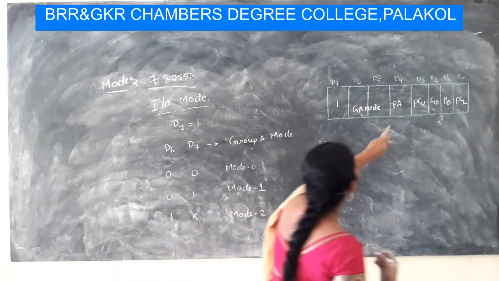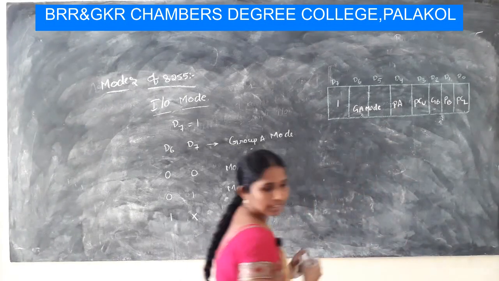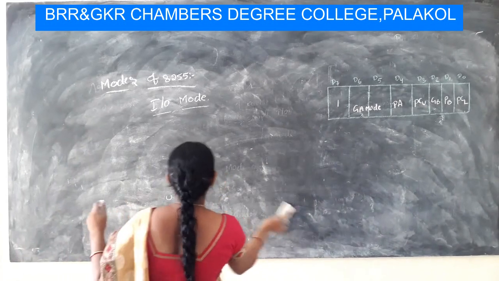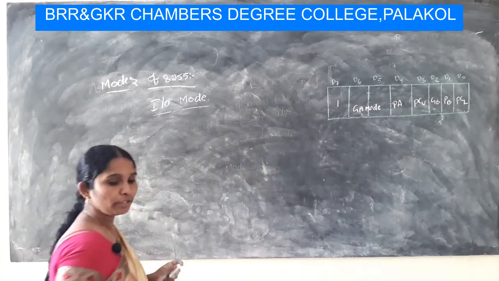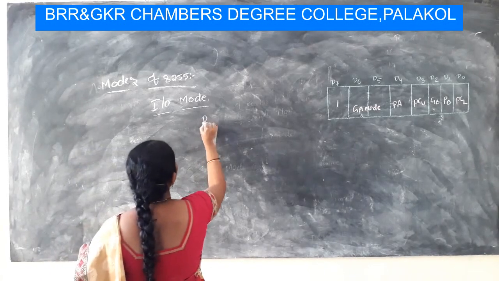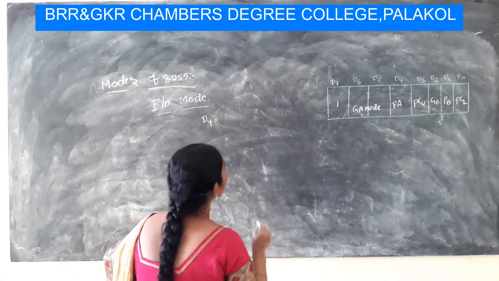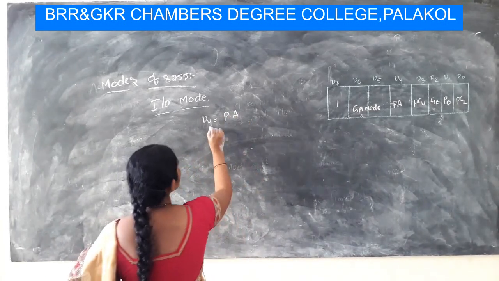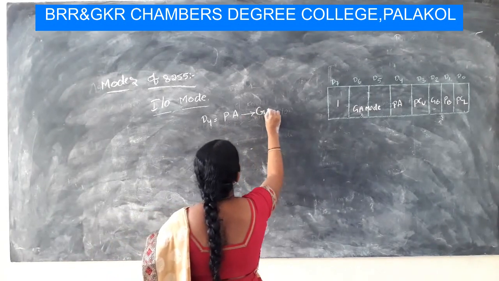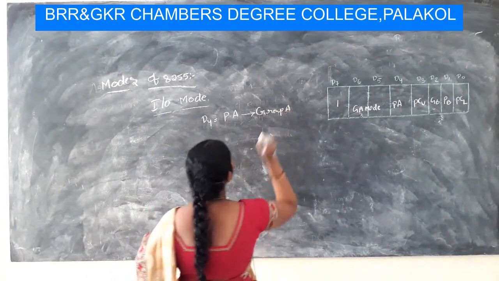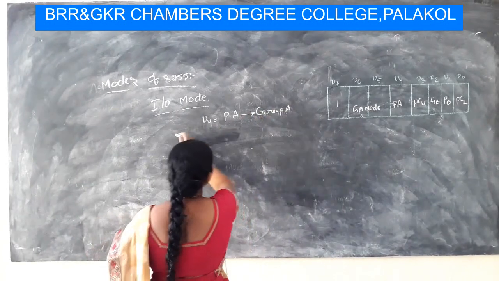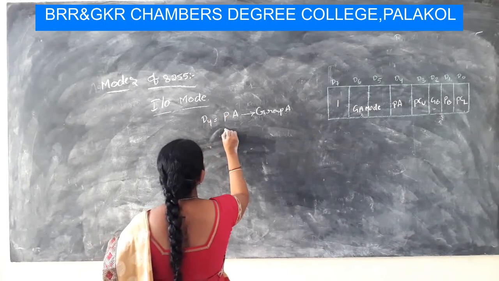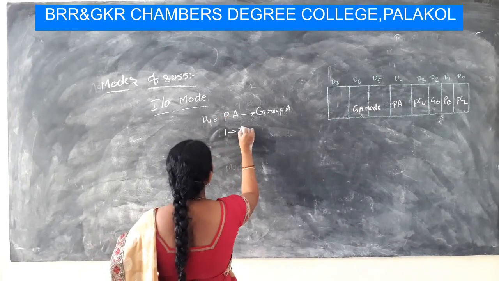Next coming to port A, PA, that is the D4 bit. So here the D4 bit is equal to PA, that is nothing but port A. This port A belongs to group A. When port A is equal to 1, it will act as an input port.